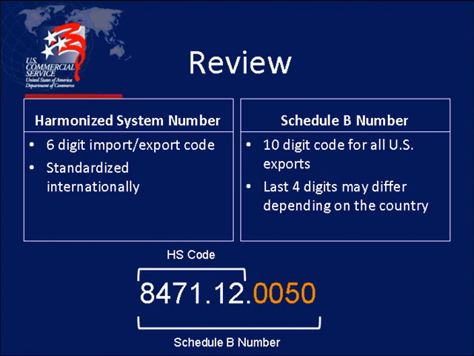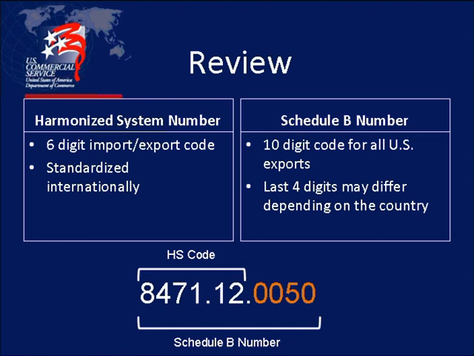You may have a number of different products with different functions and therefore different harmonized code numbers, and it's advisable that you know what the harmonized code number is for each different product that you produce and that you are likely to sell internationally. And remember, the first 6 digits are standardized internationally. They're all the same.